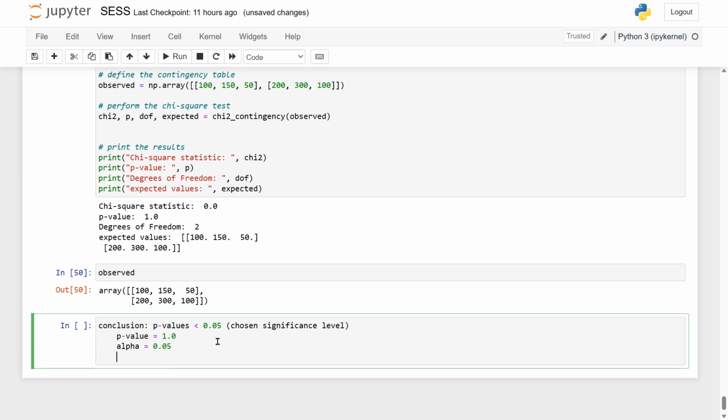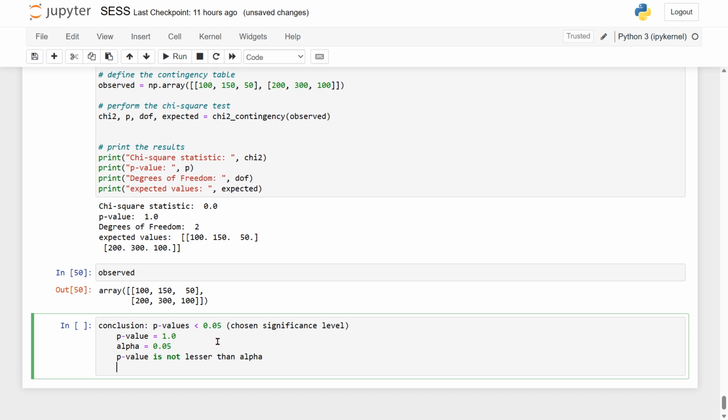So now it's clear that the p-value is not less than alpha.